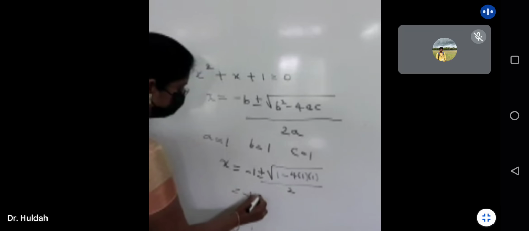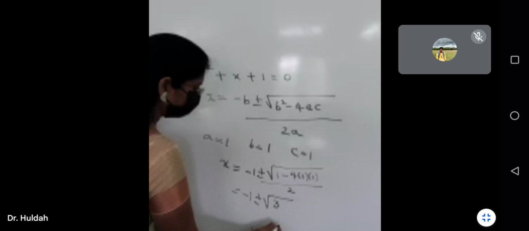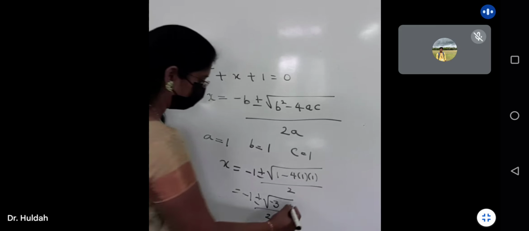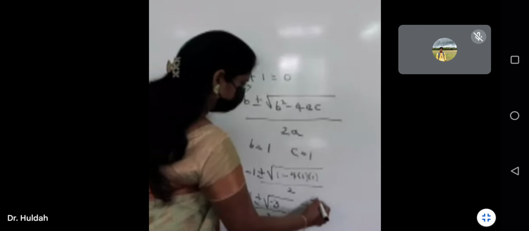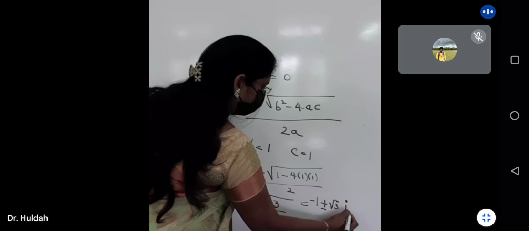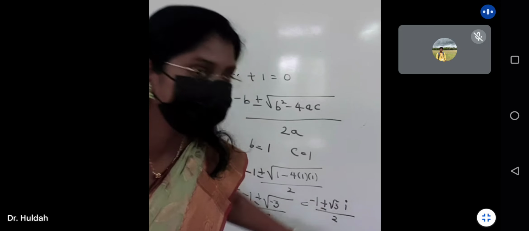So you get minus 1 plus or minus root of minus 3. Can I write root of minus 3 as root 3 i? Root of minus 1 is i. So x equals minus 1 plus or minus root 3 i by 2. Whenever a minus comes inside the root, we write i.